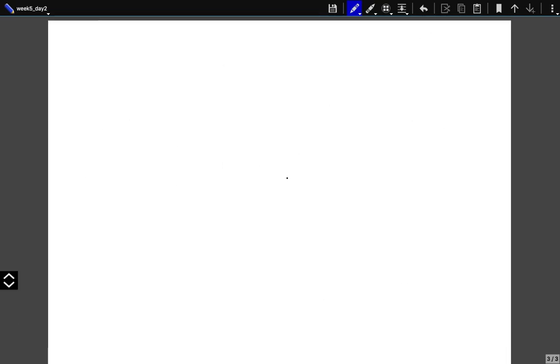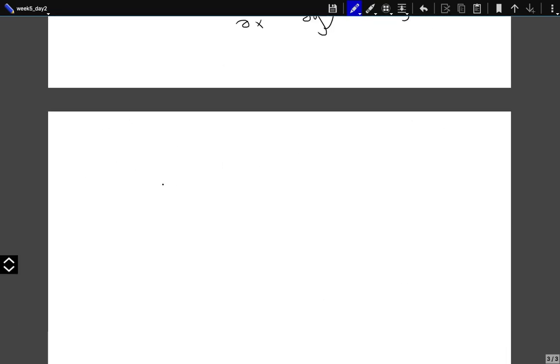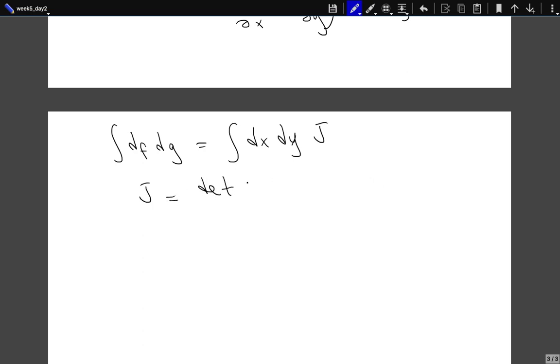Now, where do you see it? For example, in multidimensional integrals. Let's say you are integrating over f and g, but you would like to convert it to an integral over x and y, then you multiply it with something. And that something is nothing but the determinant of this Jacobian, the absolute value.